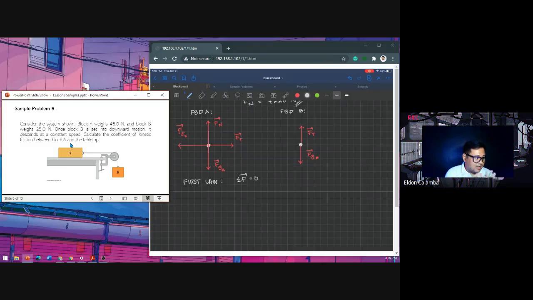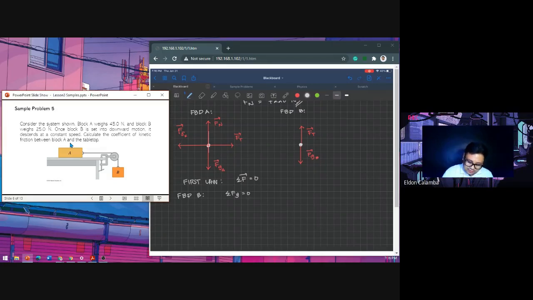So let's now have B muna. I will use the FBD of B because mas madali siyang isolve si tension force dyan. May makuha ako kaagad. So, summation of forces sa Y equal to 0.